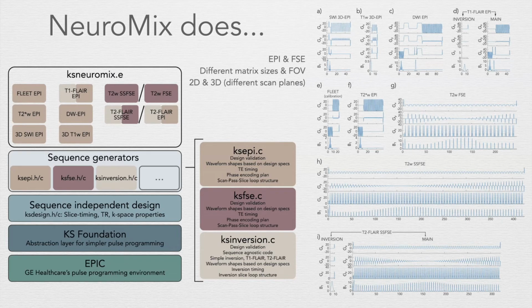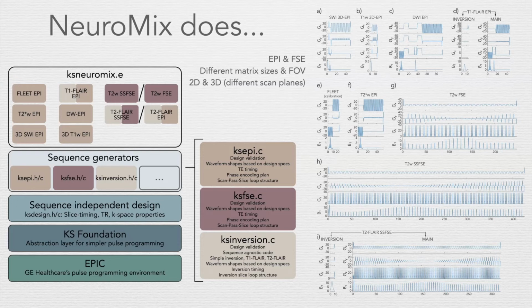On top of that, we have made new design structures, with the notion of slice timing, repetition time, and k-space properties made generic and very sequence independent. And the layer above that, instead of having a pulse sequence on top, is a pulse sequence generator that generates an EPI sequence or a fast spin echo sequence or an inversion module based on requests from the top.